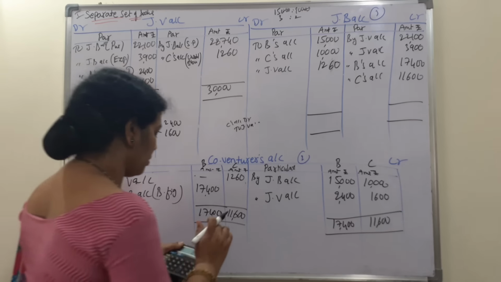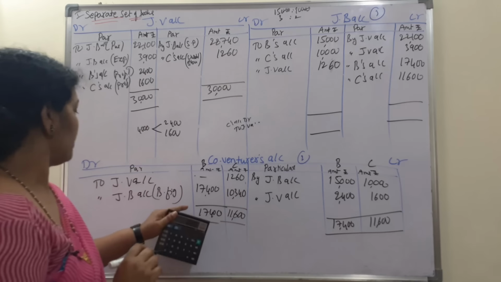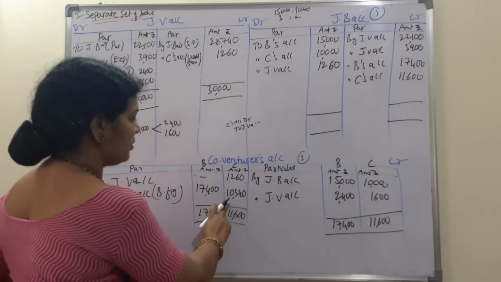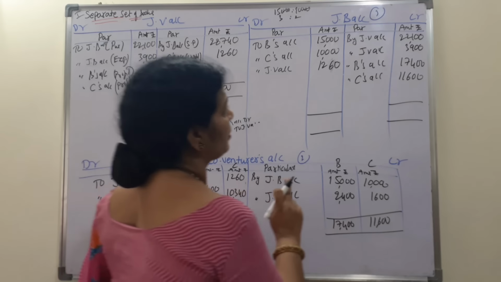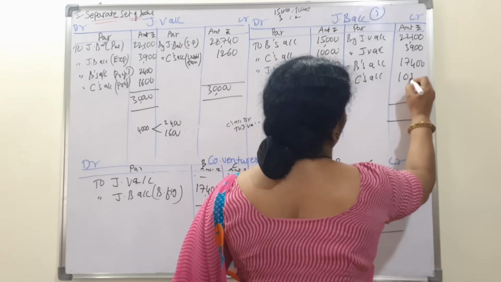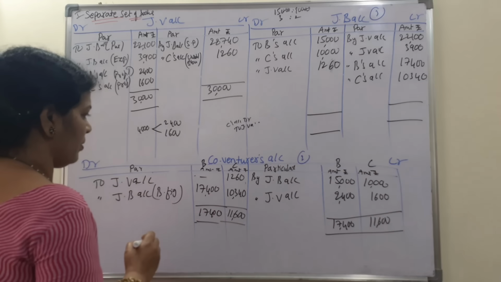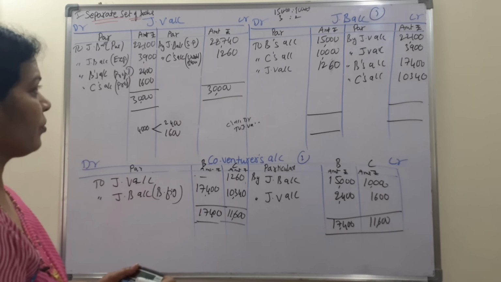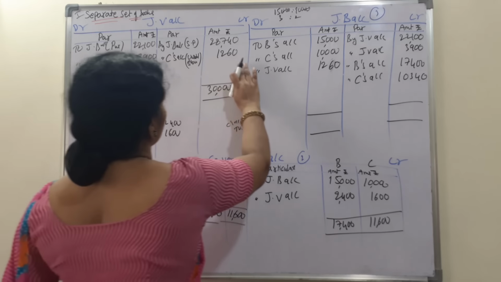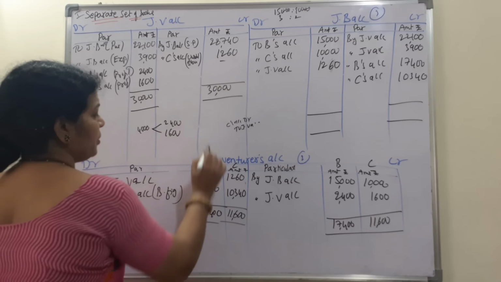It comes to 10,340. Now balancing figures of B is 17,400, correct? C is 10,340. And 1260 also doesn't come here because this is transferred from here to here.